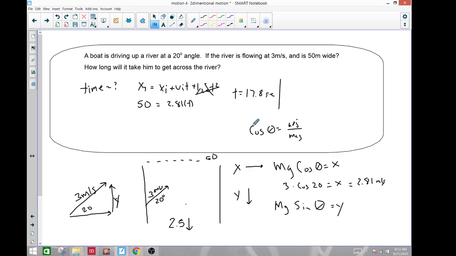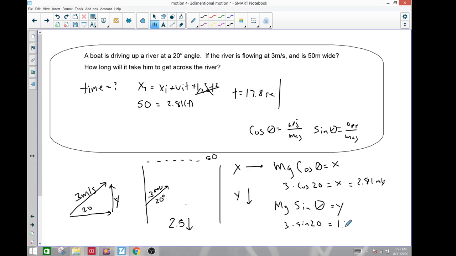The sine of the angle is the opposite divided by the magnitude of the vector, which is the hypotenuse. So it's 3 times the sine of 20 degrees, and this gives us 1.02.